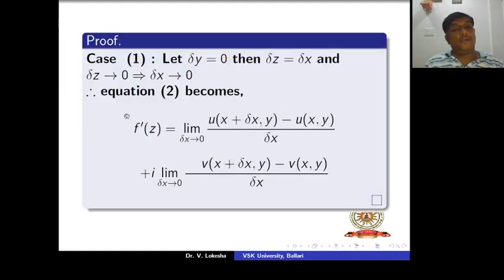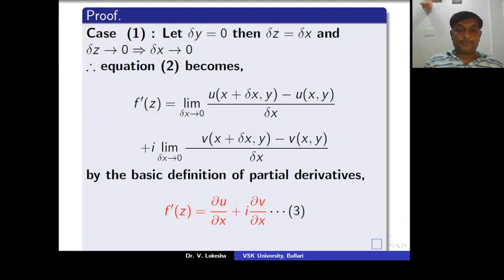Therefore, equation 2 becomes f'(z) equal to the limit of u(x + delta x, y) minus u(x, y) divided by delta x, plus i times the limit as delta x tends to 0 of the corresponding v term, because the delta y term becomes 0. Observing this, it is the definition of the first order partial derivative of u with respect to x, and here v with respect to x. Then f'(z) becomes dou u by dou x plus i times dou v by dou x.